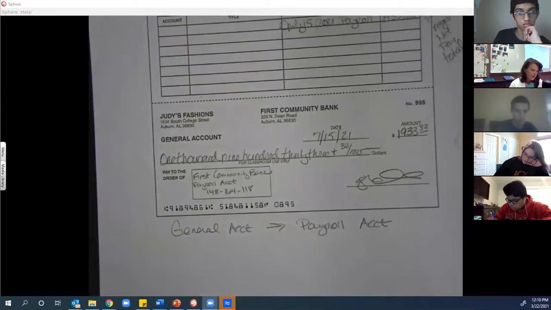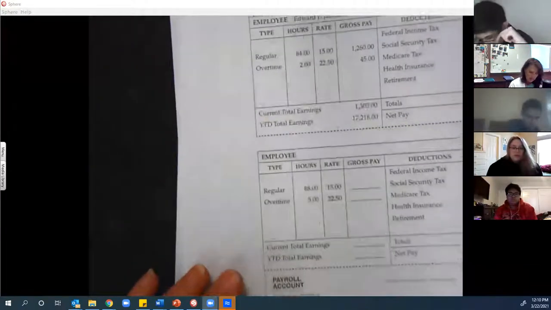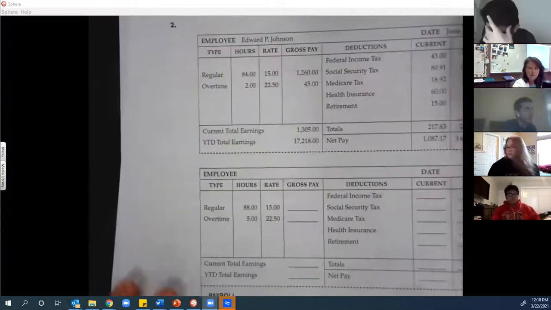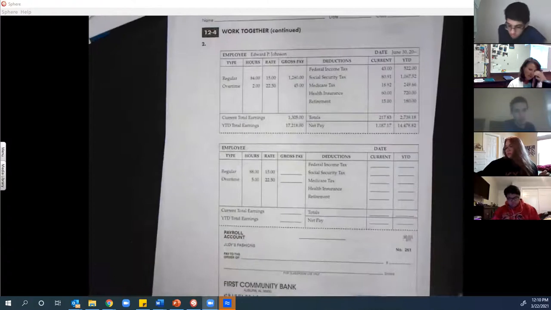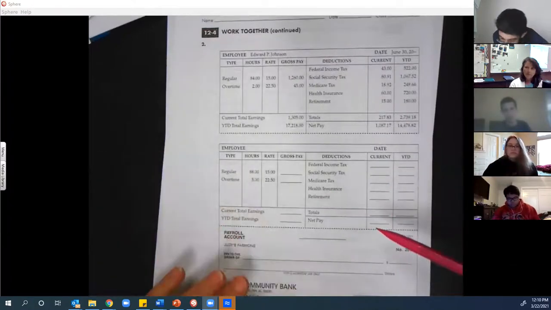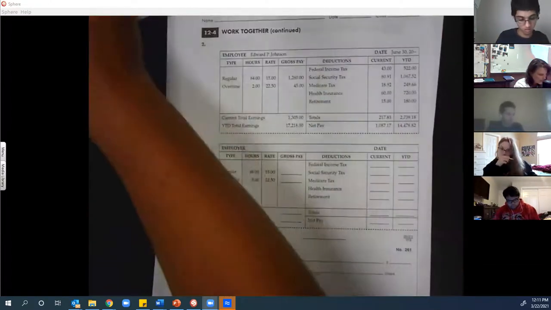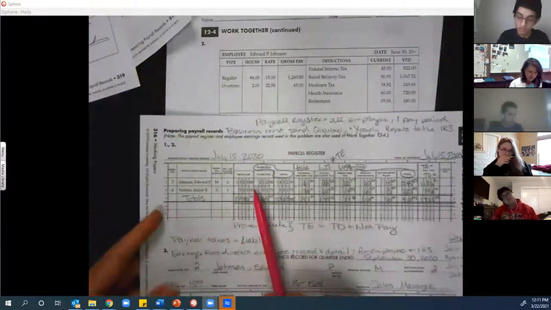Okay. So the next part of 12.4 is basically writing the check to the person. There's a lot of blanks on here, but basically all these numbers are almost given to you. All of the numbers that you need for Edward are right here.